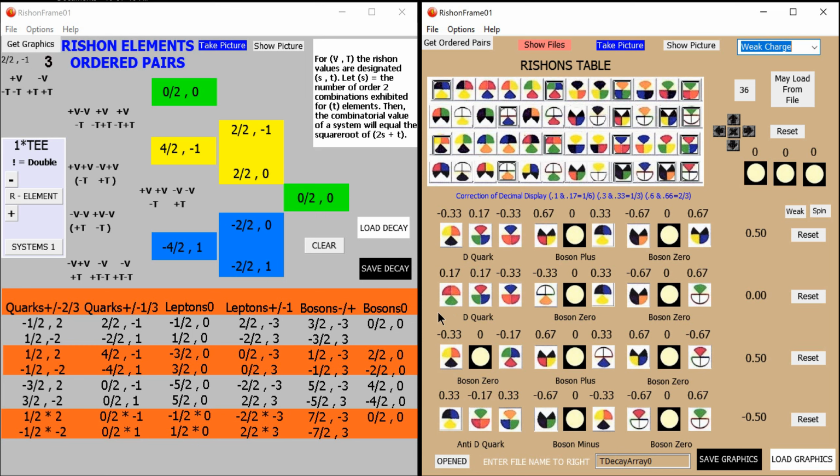Since right-handed particles will have no weak charge.